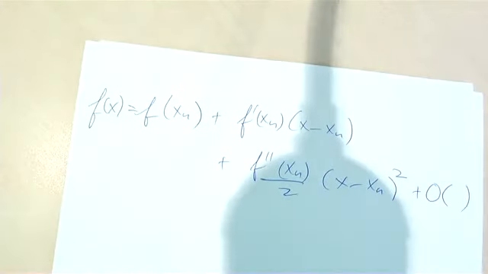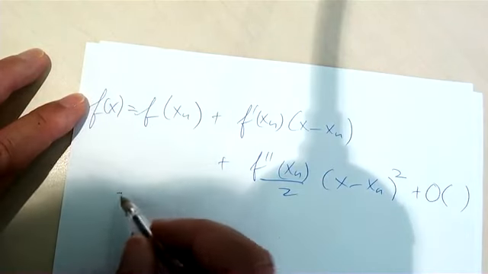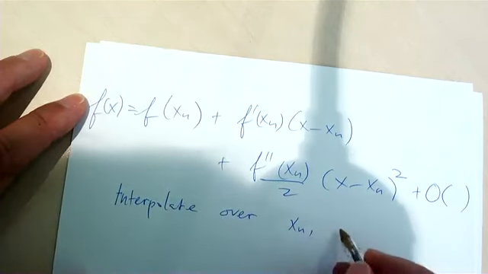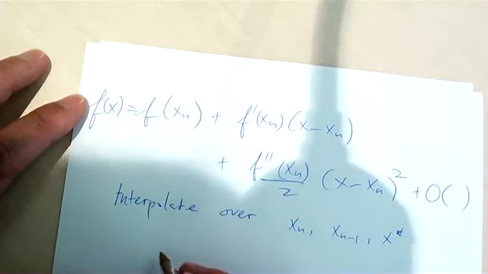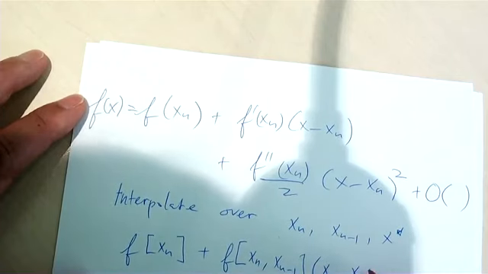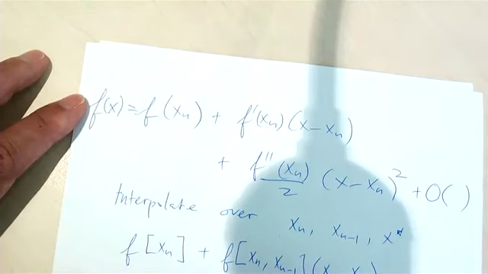Now if you remember the divided difference formula, if you interpolate over xn minus 1 and x star, then you have f of xn plus the divided difference f xn minus 1 xn times x minus xn plus f xn minus 1 xn x star times x minus xn and x minus xn minus 1, okay?